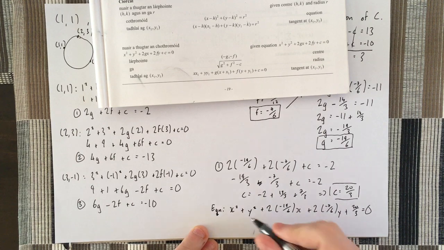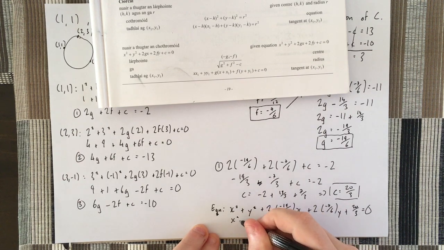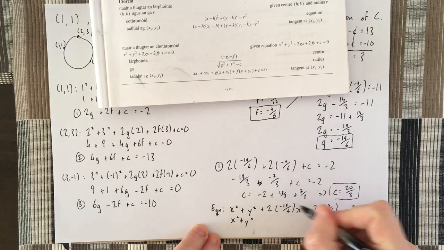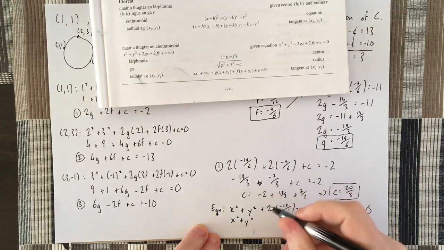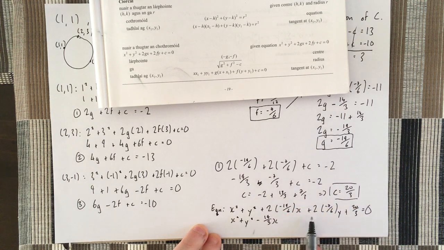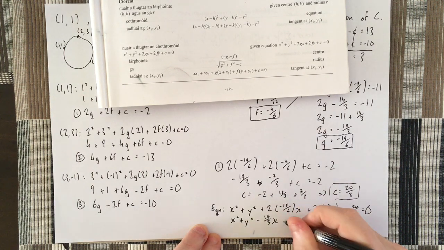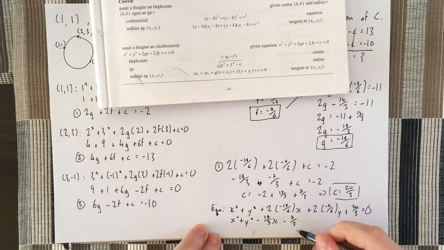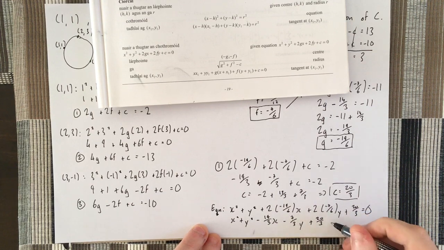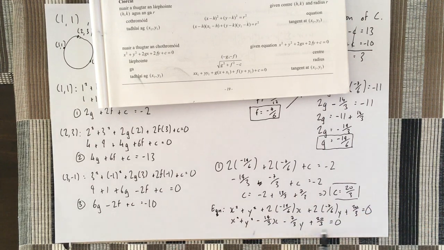It's going to get you the vast majority of the marks. x squared plus y squared. 2 times this is going to give me minus 19 over 3 x. 2 times this is going to give me minus 7 over 3 y. Again, if you're not too comfortable multiplying the fractions out like that, just do it in the calculator. Plus 20 over 3 equals 0.